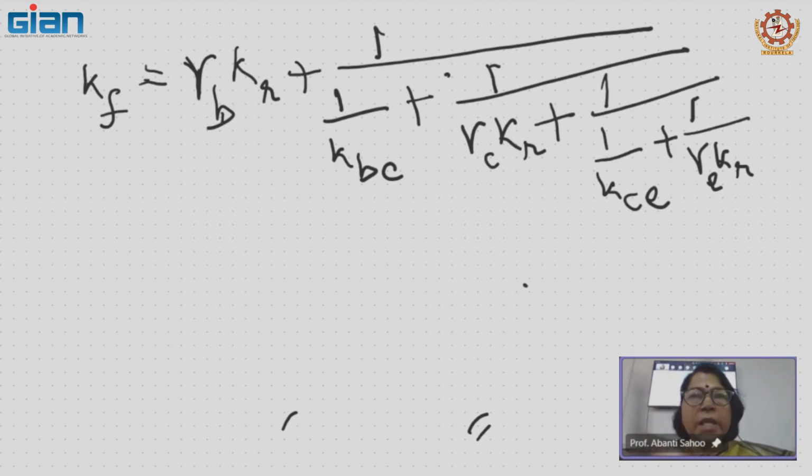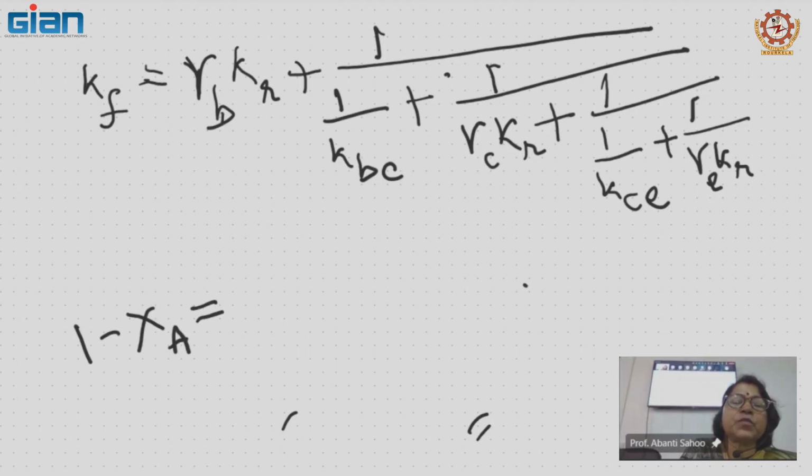Taking all this, K_f is calculated, then 1 minus X_A is calculated, which is exponential.